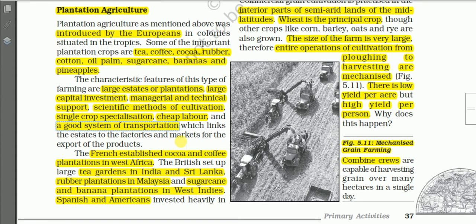That is why a good system of transportation is required to connect the farms with the factories and the factories with the market, for the export of the goods to different parts of the world. So these are the important characteristic features of plantation agriculture.